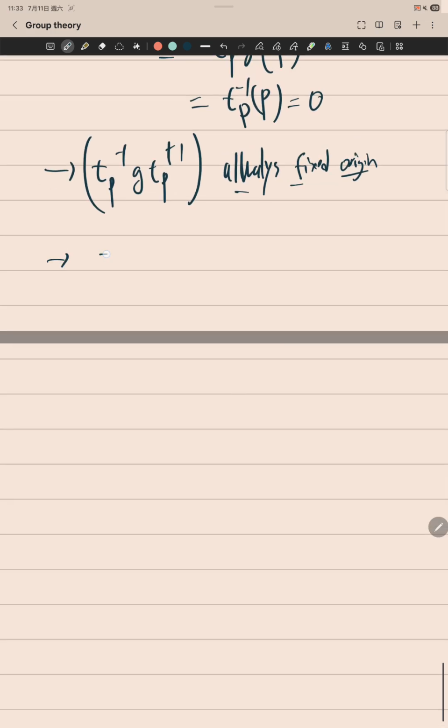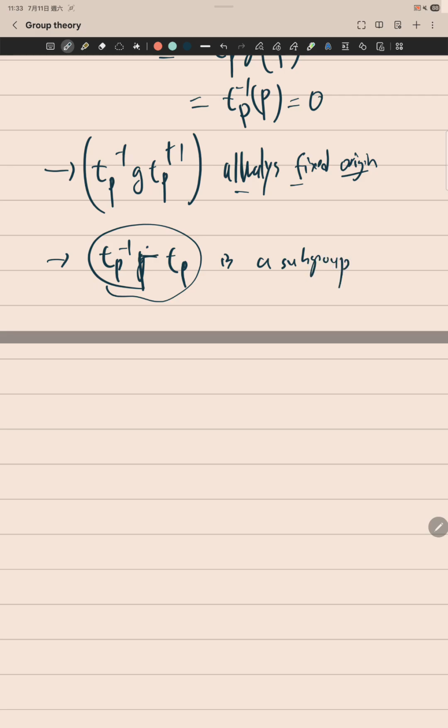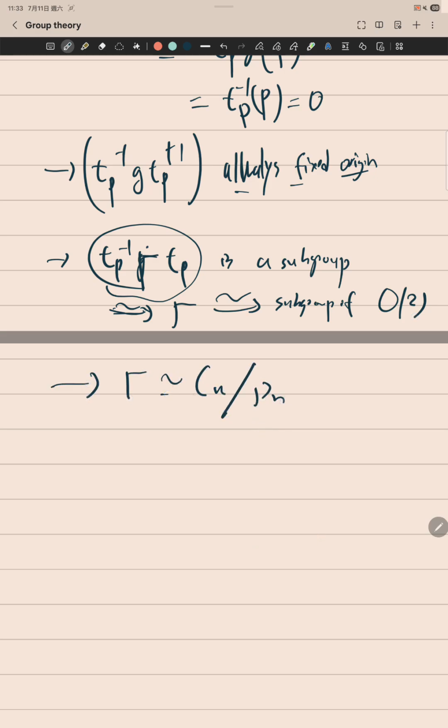Okay, so T_P gamma T_P inverse is a subgroup isomorphic to gamma and isomorphic to a subgroup of O2, which shows that gamma is either Cn or Dn.